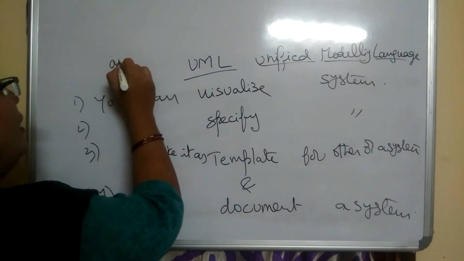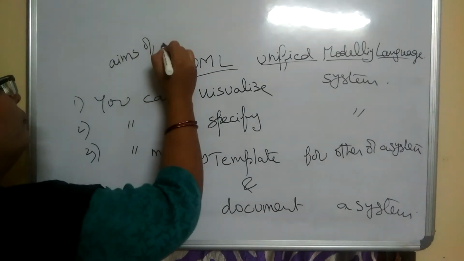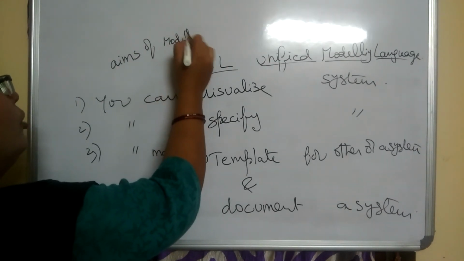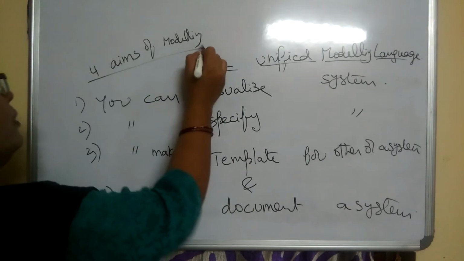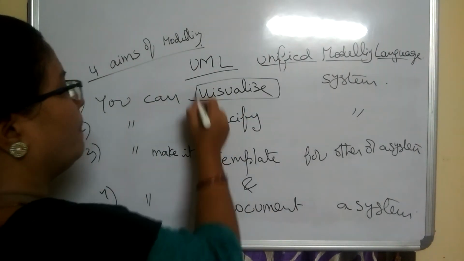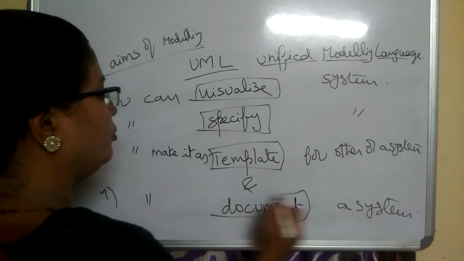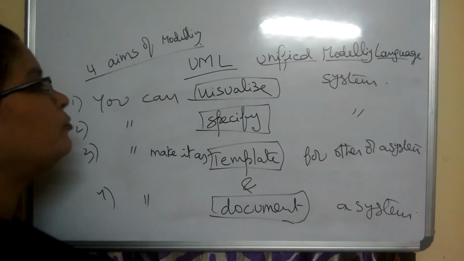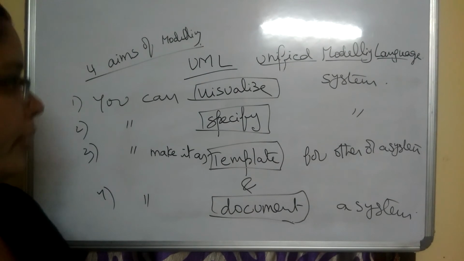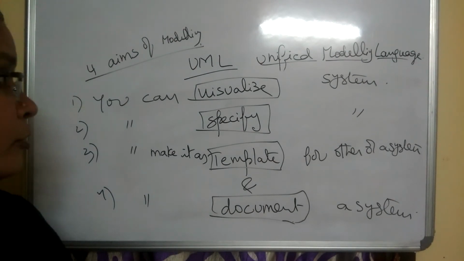So these are the aims of modeling. 4 aims of the modeling. The first aim, the second aim, the third aim, and the fourth aim. These are the 4 aims of the modeling. What are the 4 aims? Now we are going to see.